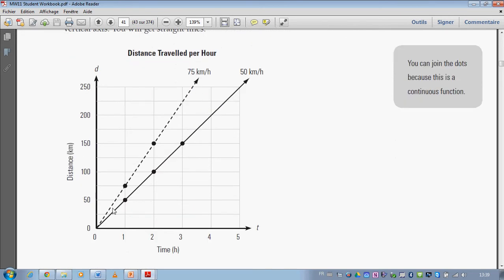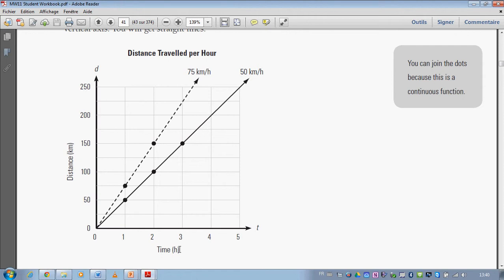So here, you've got distance traveled per hour, you've got 75 kilometers per hour and 50 kilometers per hour. In the bottom here, you put the hours. And then here you put the kilometers. Now, the bottom value here is what's called the independent variable, okay? And what that means is the independent variable is the thing that you have control over, okay?